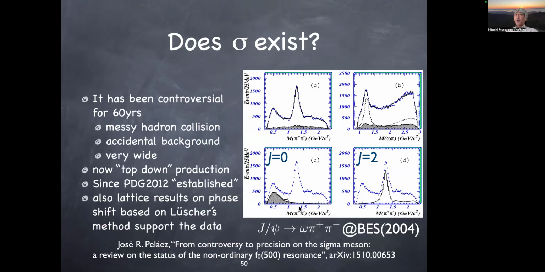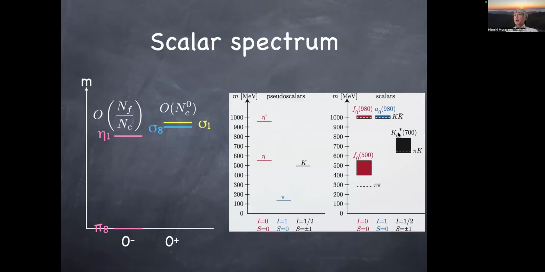But instead of the fixed target experiments people used to do a lot in the 60s and beyond, now we can produce these states top down from, for example, J psi decay. Then you clearly see the resonant peak in the spin zero channel in the pi plus pi minus spectrum. So this is the way now experiments are much cleaner in e plus e minus experiments to produce J psi and really clearly identify the pi pi resonance in it. So that's how we know this mass spectrum.